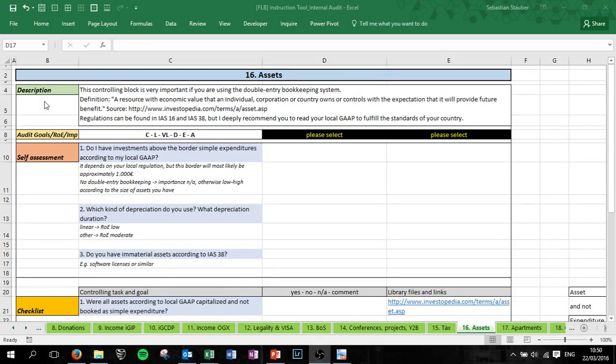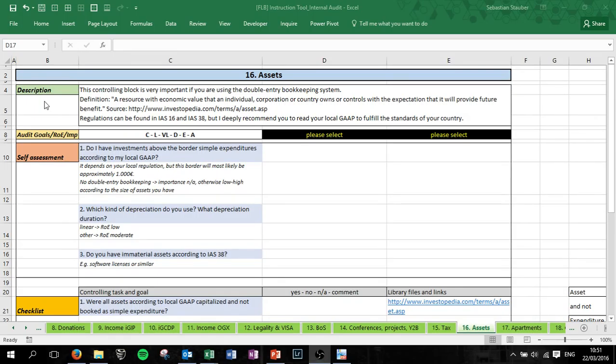Check out what you can actually do, but recommended is absolutely linear. If you have a linear depreciation, you're using it for 3 years, you divide your asset value by 3, and then you book it as an expense each year. The risk of error is quite low because it's quite simple to calculate.